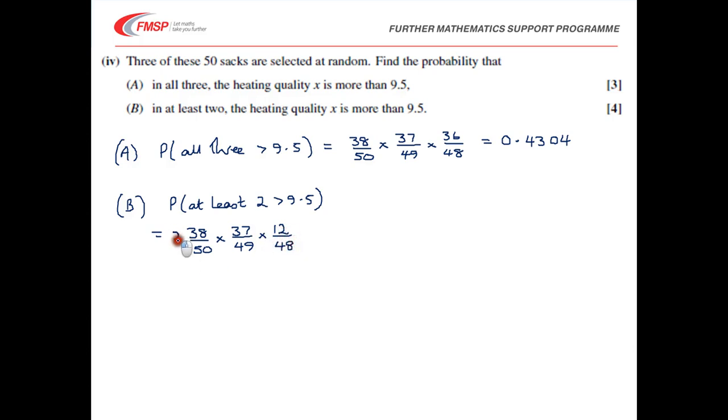Now there are 3 different ways of doing it, and although each individual probability will be different, the total will be the same, so we can just multiply that by 3, and then of course add on the 0.4304 that we worked out in part A, and that comes to actually 0.4304 plus 0.4304, which is 0.861.